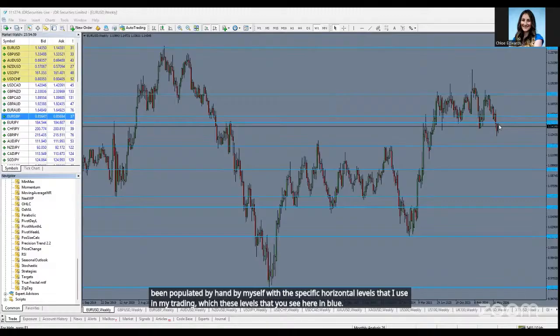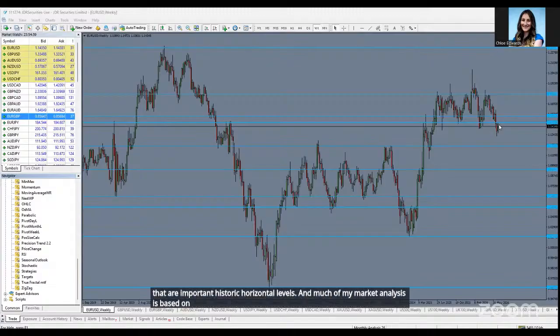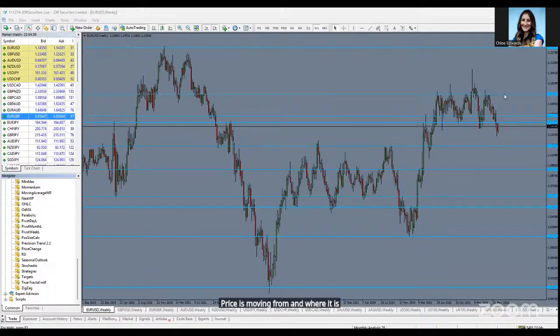They're levels based on the monthly, weekly, and daily time frames that are important historic horizontal levels. Much of my market analysis is based on a roadmap, if you like, of where price is moving from and where it is heading to based on these horizontal levels.